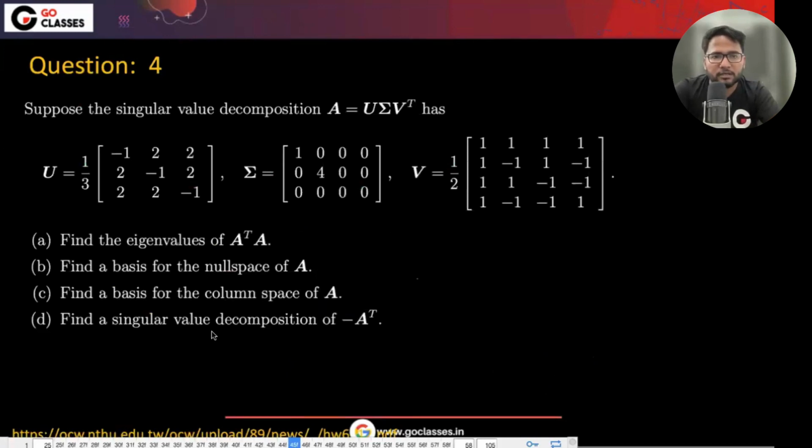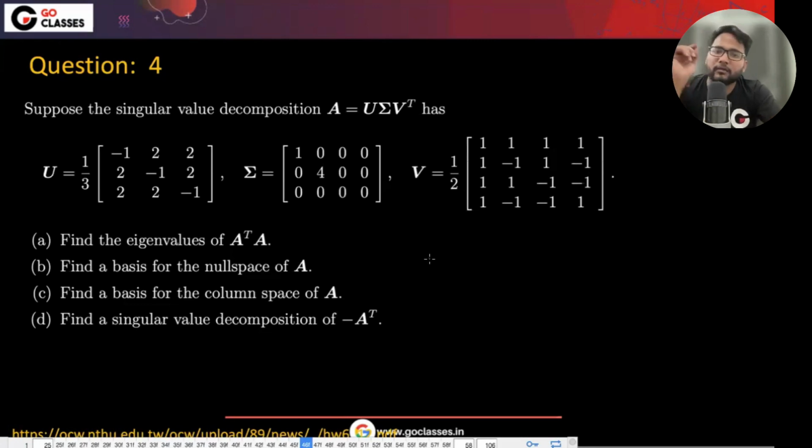Suppose that A has a singular value decomposition which is already given to you. Now they're saying find the eigenvalues of A transpose A, find a basis for the null space of A, a basis for the column space, and the singular value decomposition of minus A transpose also. Do you want to try this quickly?